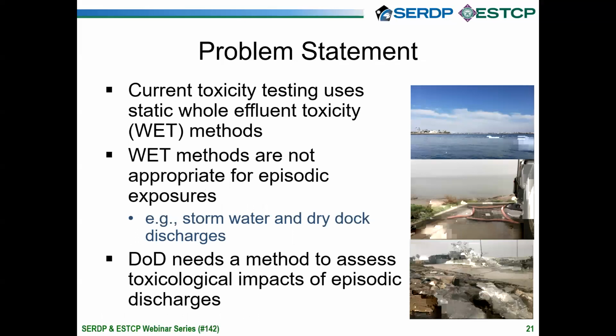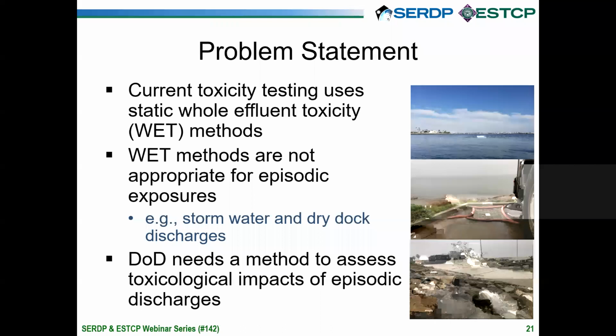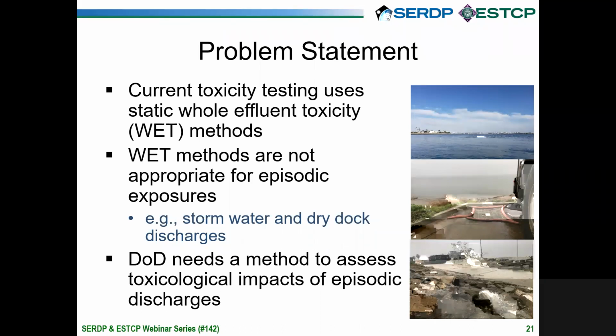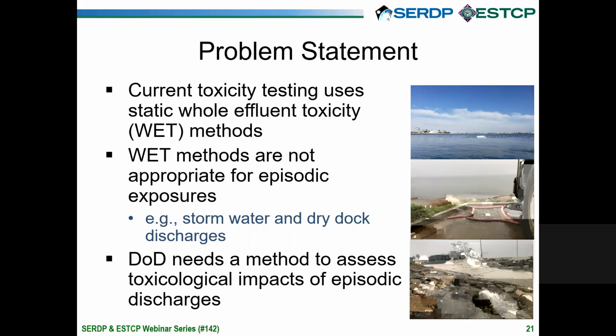So typical stormwater monitoring, such as what we do here in Southern California, where I'm located, requires end-of-pipe sampling collected during the first few hours of rainfall or discharge. And then the samples are evaluated with laboratory toxicity tests using a continuous exposure to the organisms for up to 7 days, depending on the species and test endpoint that's being used.